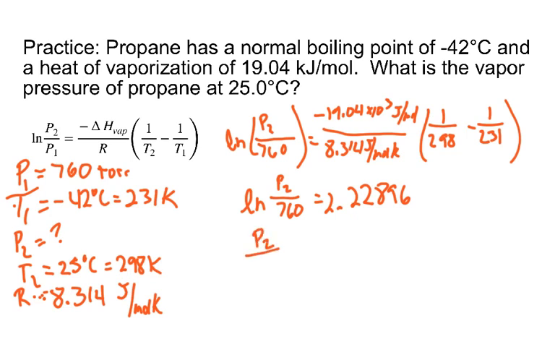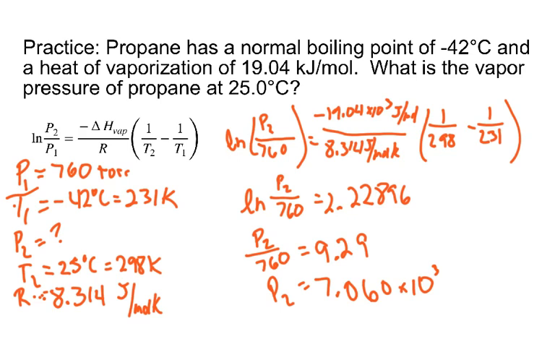So P2 over 760 is going to be 9.29, and so my P2 is equal to 7.060 times 10 to the third power torr.